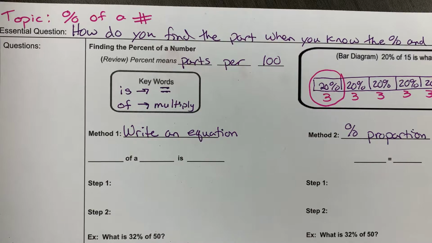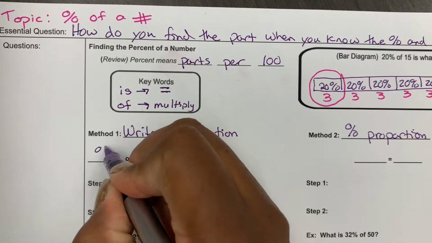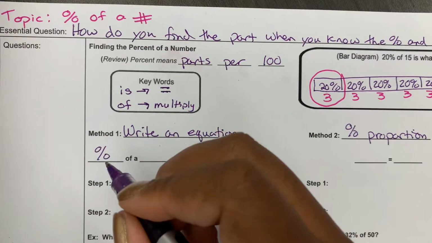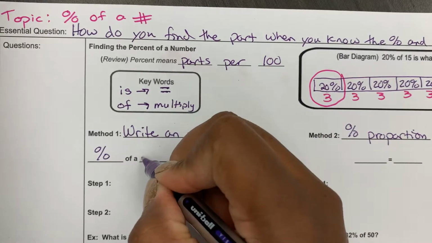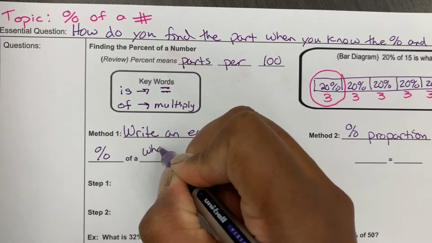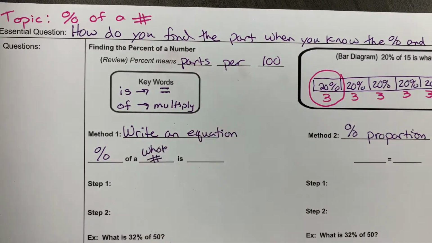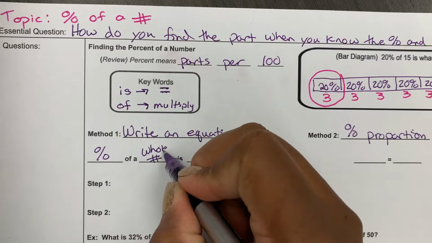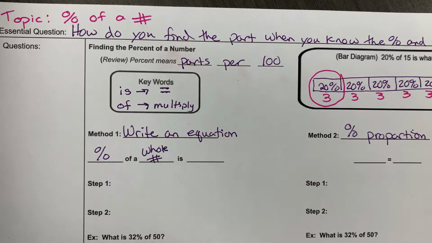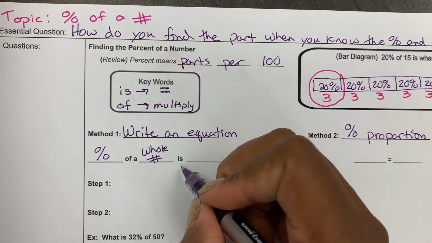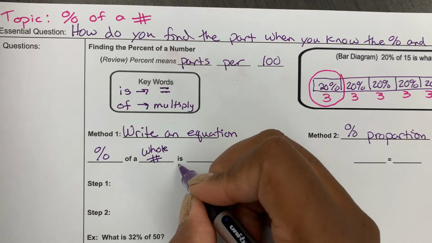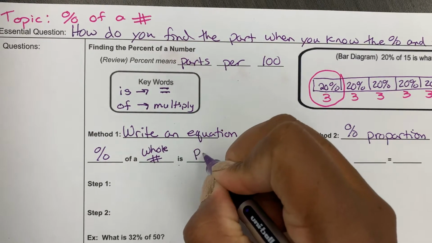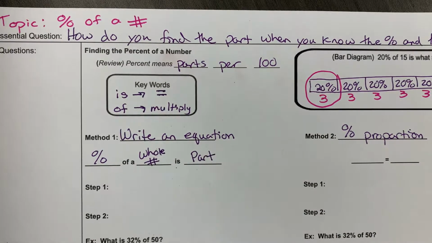So when we're writing the equation, it's going to be the percent of a number, of a whole. So the whole number, the original amount, is what we're talking about. The whole number, the number we started with, it's going to equal, so it will give us the part.